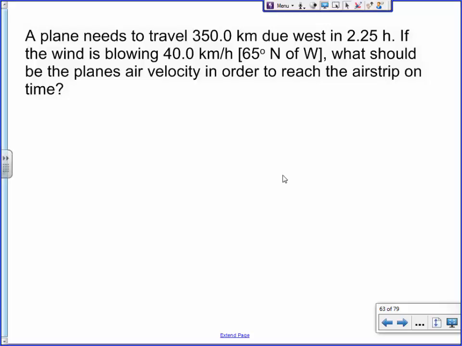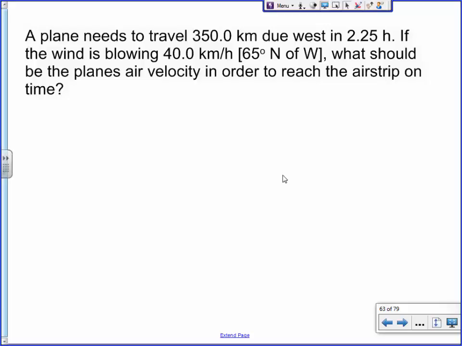Here's the problem. There's wind. And the wind is blowing north of west. I really wish I had put this a little further down on the page. The wind is going north of west, right? So that means the wind is going this way.